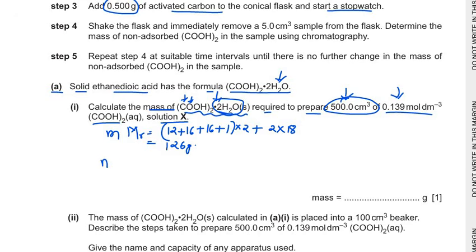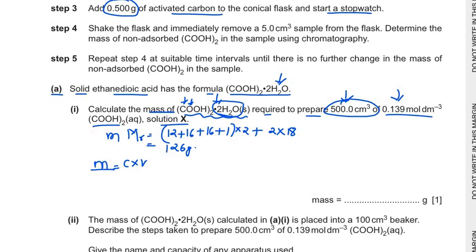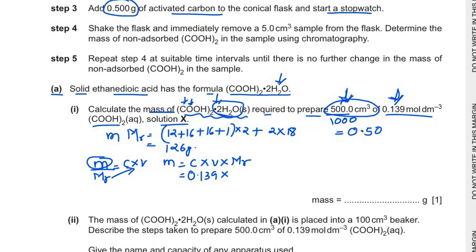Now we know that moles is equal to concentration into volume, but moles is also equal to mass upon Mr. If we want mass as the subject, Mr will shift to this side, so we can write mass is equal to concentration into volume into Mr. For the concentration, we know it is 0.139, into volume, that is 500 cm³, divided by 1000 to change it into dm³, which is equal to 0.500.